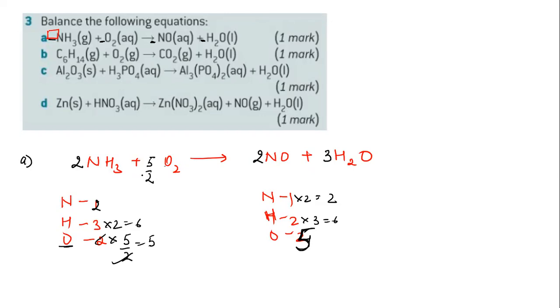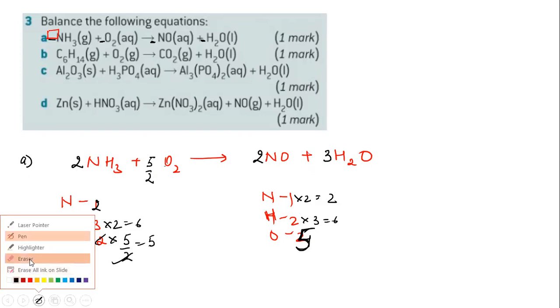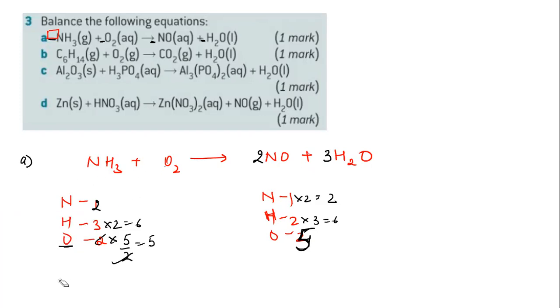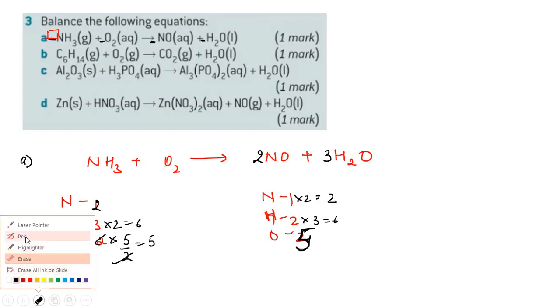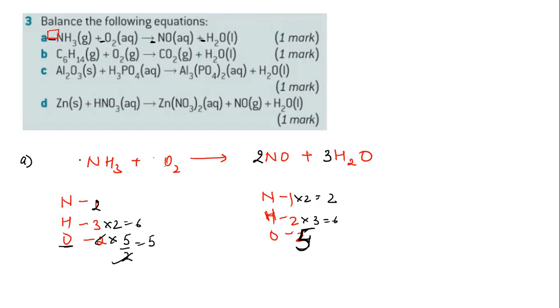So this 2, I need to multiply the whole equation by 2. Got it? Is that clear? So I need to multiply this whole equation by 2. So what will I get? This was 5 by 2 and it was 2, na.